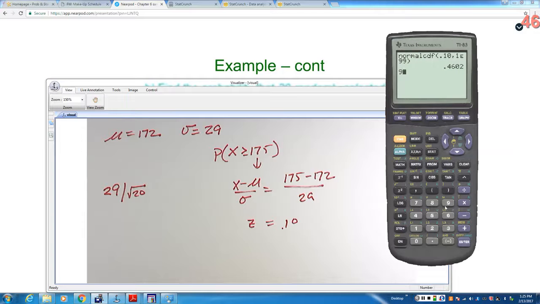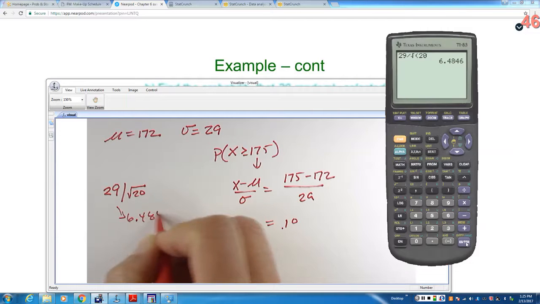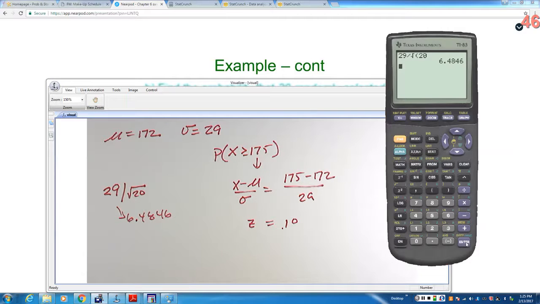We have 29 divided by the square root of 20. 6.48. Okay, so now that's going to be 6.4846.